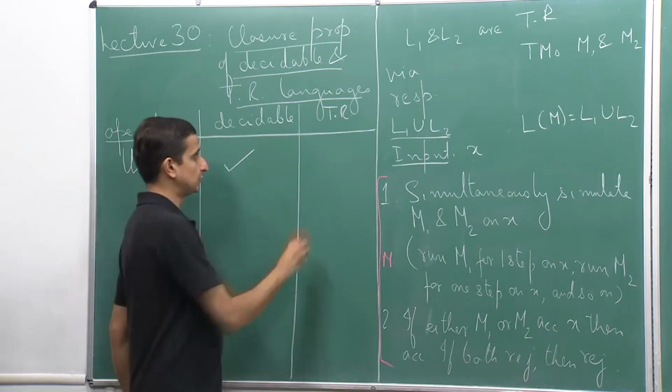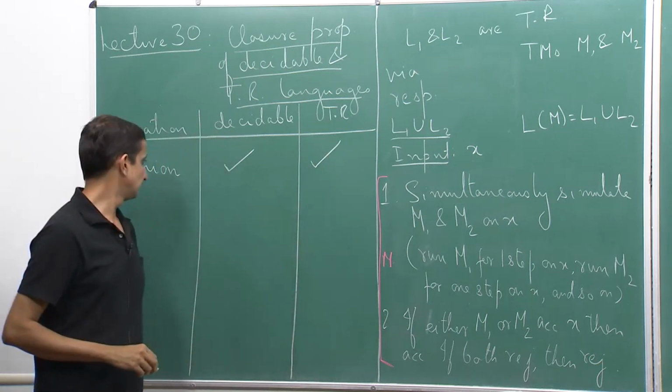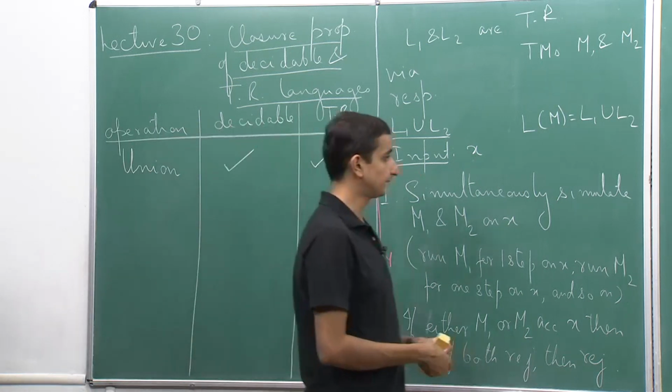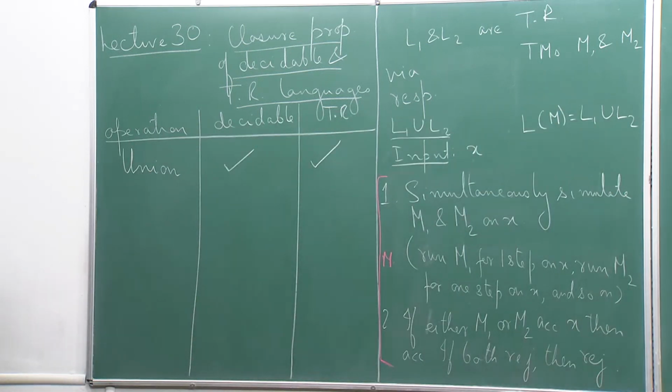So, this proves that Turing recognizable languages are also closed under union.